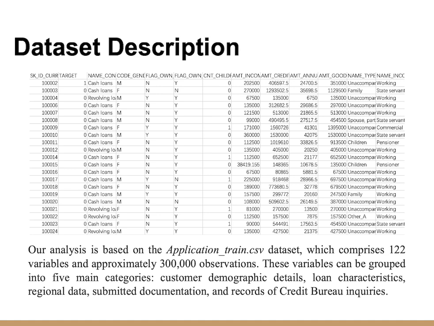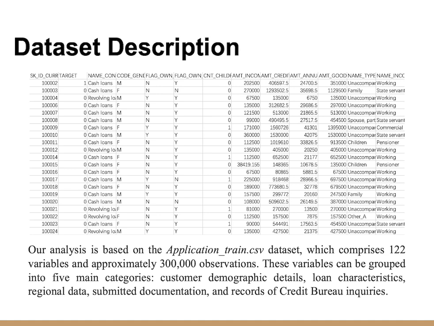Other files also contain several other information, but due to the huge amount of observations and information in the main data file, I decided to pay more attention to the main file and those 122 variables.